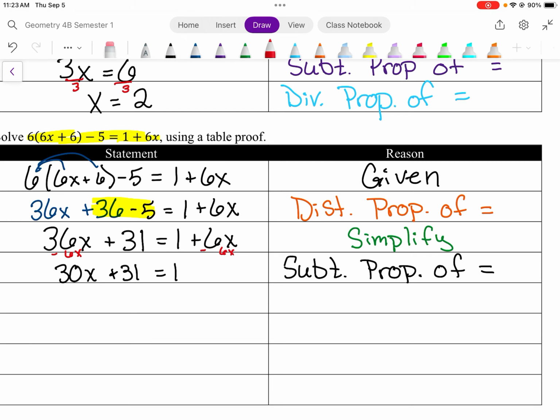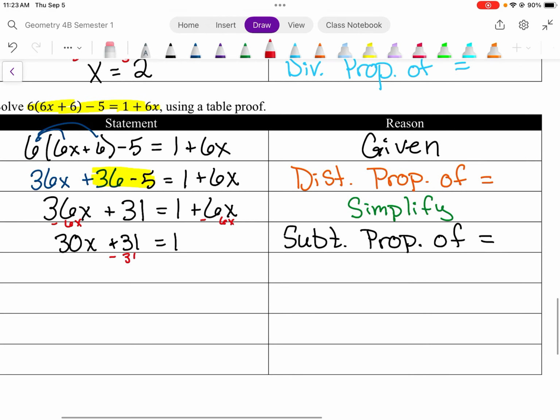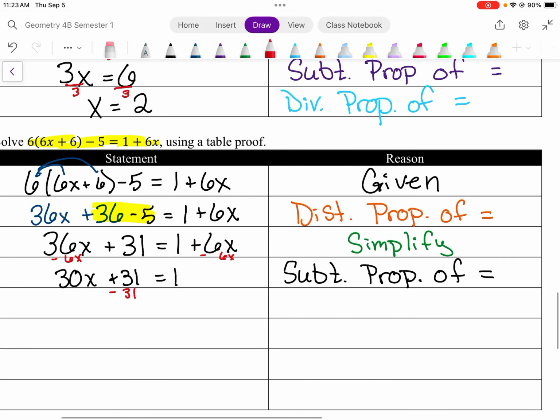Then I want all my constants on one side, so I'm going to subtract 31 on each side. And that's going to give us 30x equals negative 30. And it is okay to get negative numbers. Now for this one, you'll notice we used subtraction property for our previous reason, and we're using it again.